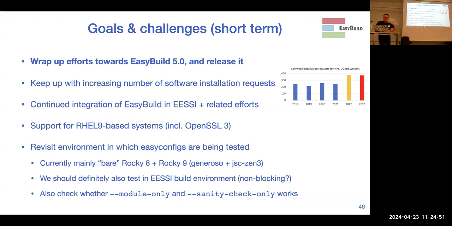Another challenge, less of a goal, for the coming months, years, even if you take into account MultiXscale, which runs until the end of 2026, is whatever we need to do in EasyBuild to help the EESSI project. Sometimes we need to implement additional small features and framework to help us out a lot.